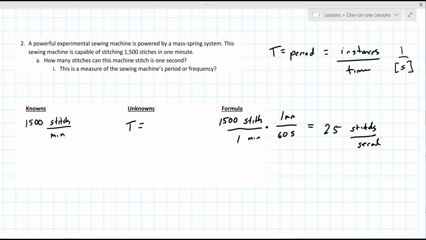For 1 minute times 1 over 60 s equals 25 stitches per second. All right. So frequency, sometimes this is preferred. It's how much can you get done in 1 second, and that's why it's 1 over the period. It's 1 over 25. You get 0.04 done. That's what 1 over 25 is in 1 second.